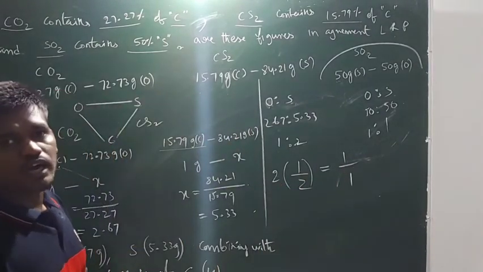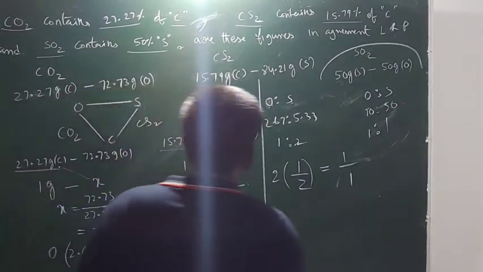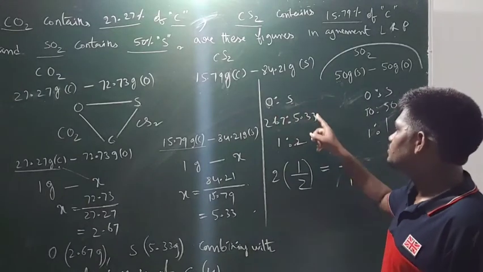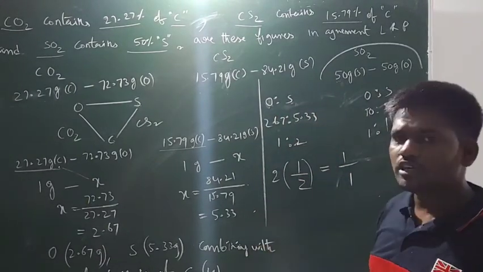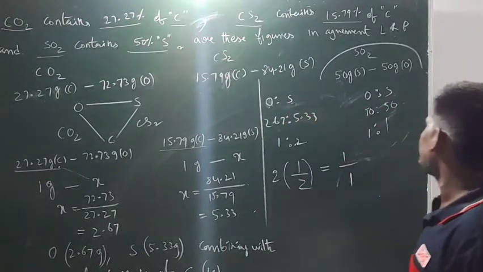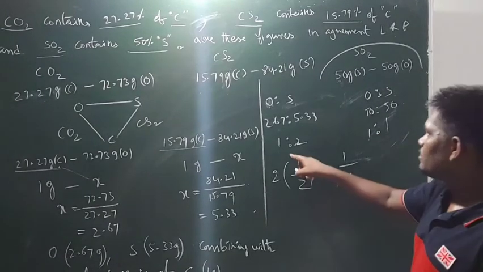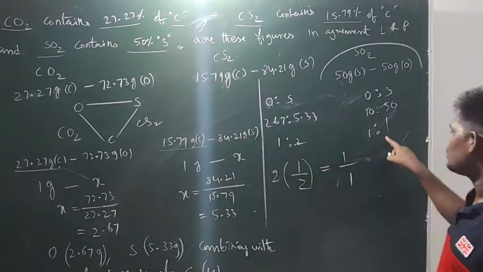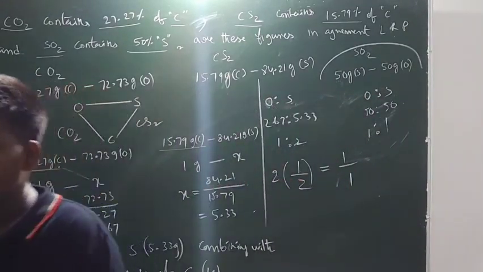It means both are multiples. Right guys, here the law is verified. Oxygen and sulfur combine in a 1:2 ratio with the fixed mass of carbon. When these two combine directly, their mass ratio is 1:1. Here the mass ratios are multiples of each other.